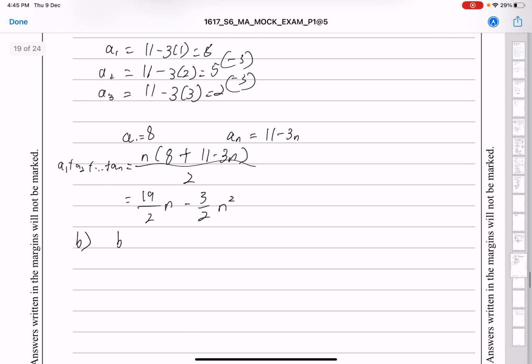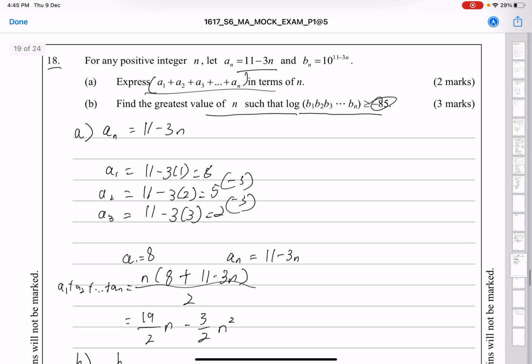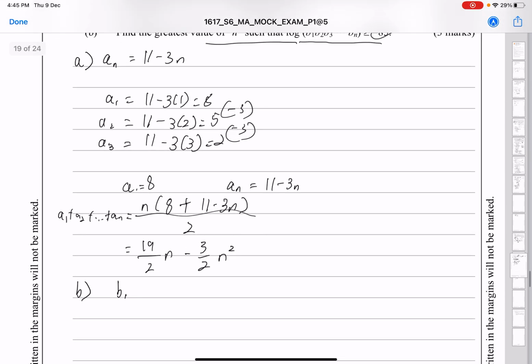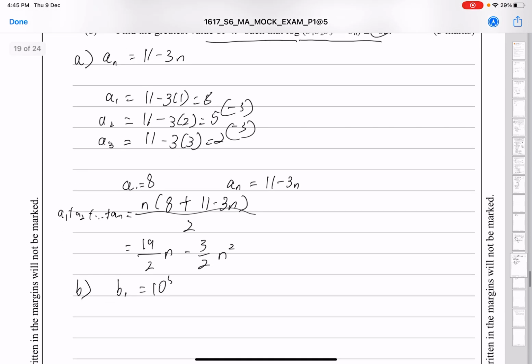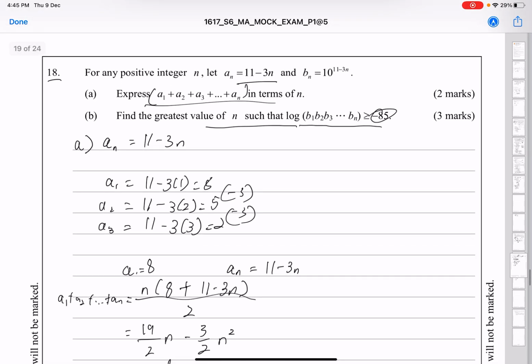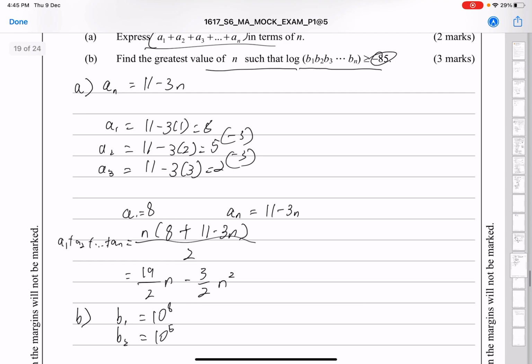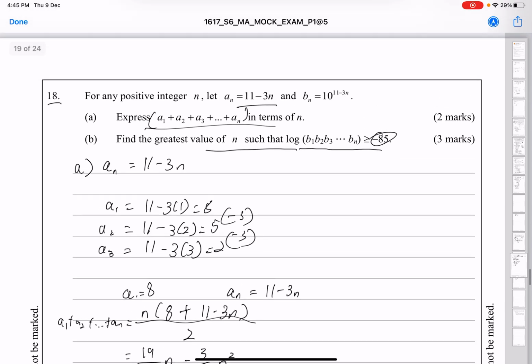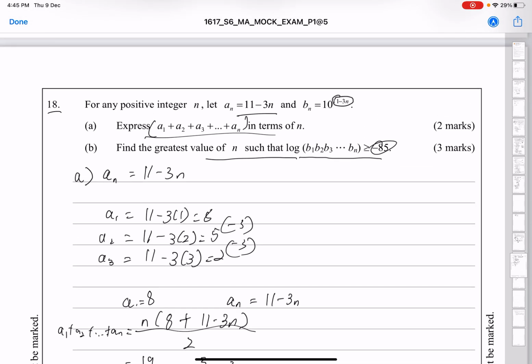First, we need to know, b1 is what? b1 is equals to 10 to the power of 8. b2 is equals to 10 to the power of 5. Why is it so? Because this exponent is the same as an. So actually, bn is equals to 10 to the power of an.